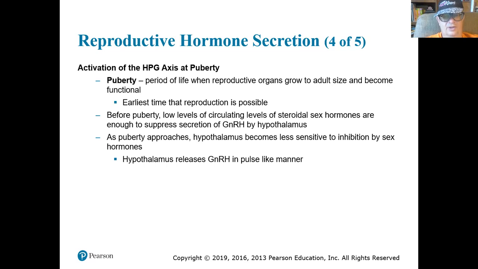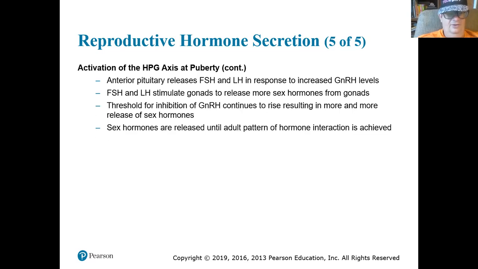When puberty approaches, the hypothalamus gets less sensitive to the sex hormone inhibition, and because it's not as sensitive anymore, it doesn't respond as though there was a level of sex hormone to stop it. The hypothalamus will then release gonadotropin releasing hormone, and it doesn't do it steadily, it does it in spurts.